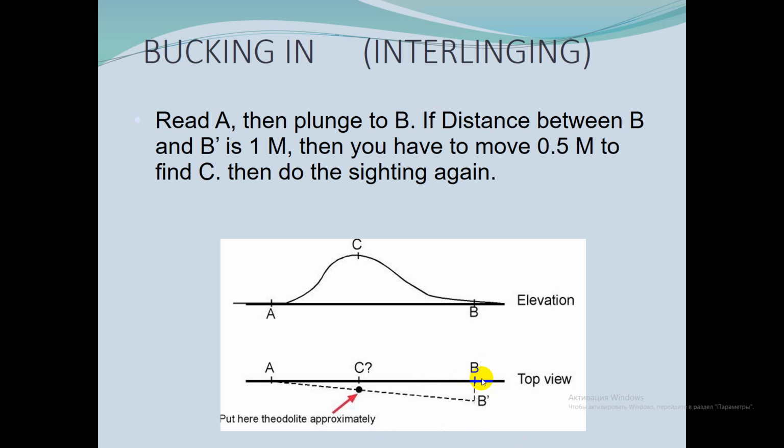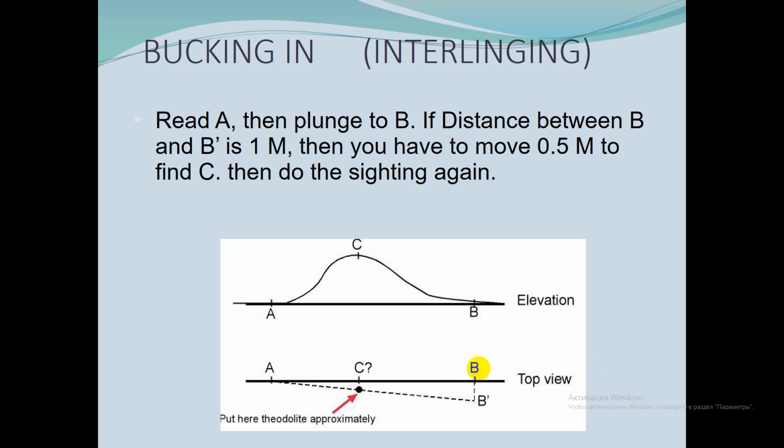Noting roughly the distance B1B and the position of the instrument between A and B, halfway or 1/3 or 1/4 of the distance AB, the surveyor estimates proportionally how far the instrument is to be moved to be on the line AB.